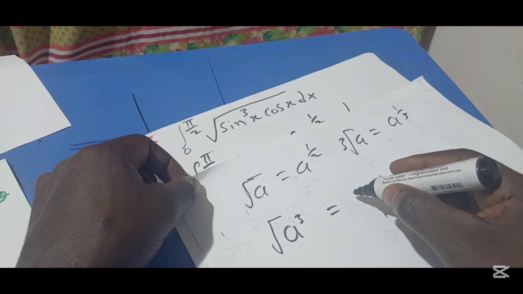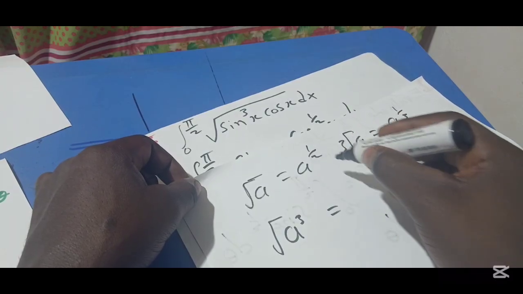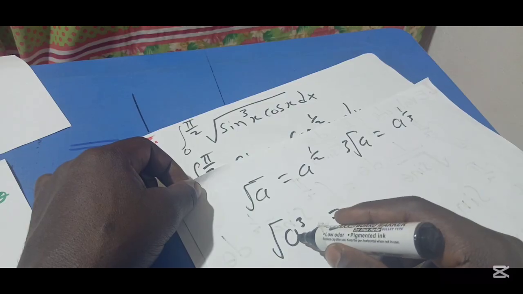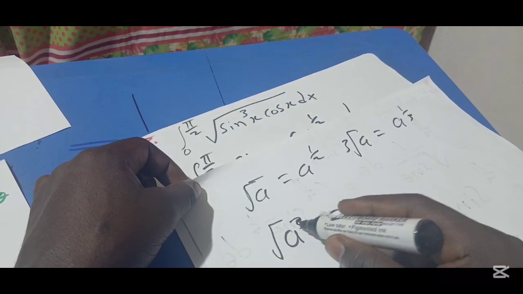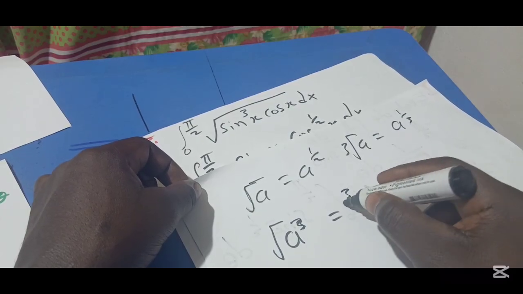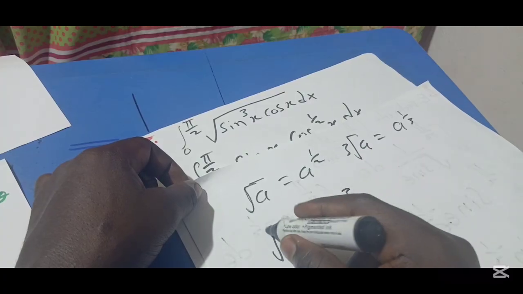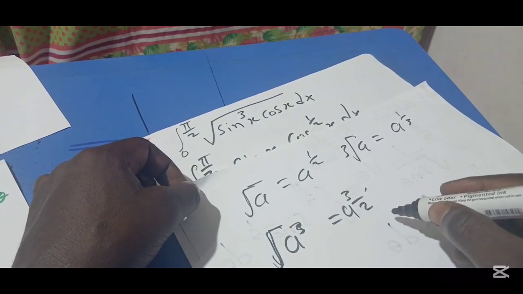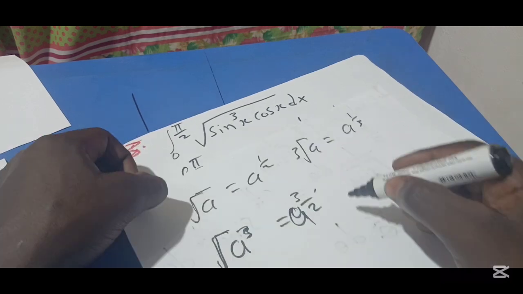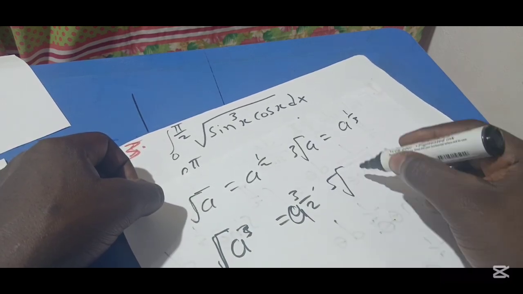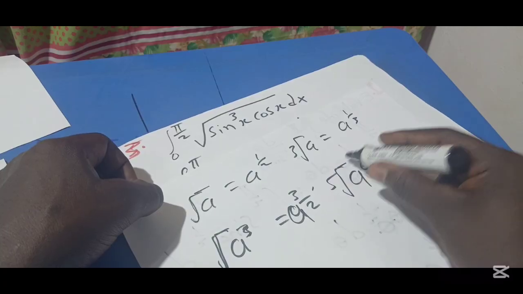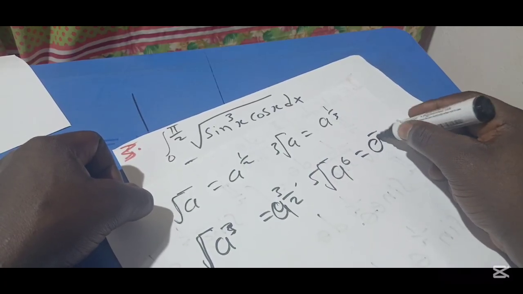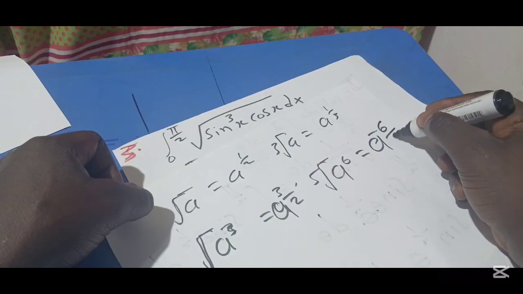We know that the square root of a is just 1 on 2, and that power 3 is going to be the numerator. Multiply 3 by 1 on 2, which is the same as 3 on 2, right? So the fifth root of a to the power 6 is going to give us a to the power 6 over 5, right?